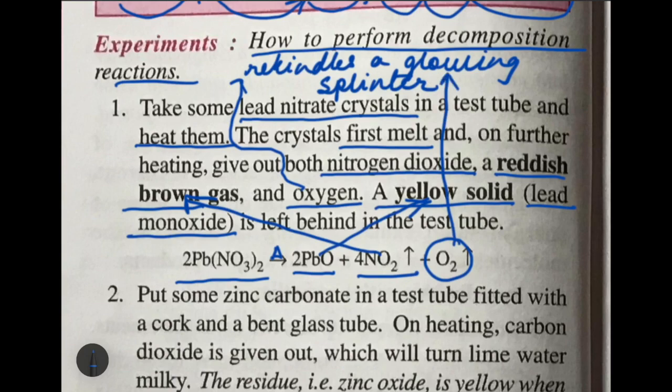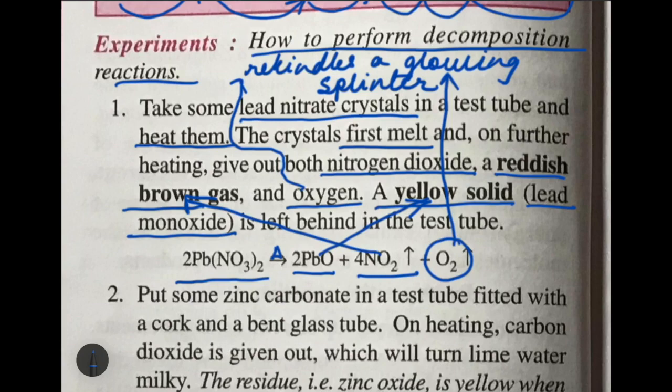So please listen carefully, children, to how this question might come in the question paper. A compound is heated in a test tube and the compound melts, or some crystals are taken in a test tube and then it is heated. The crystals melt and give out a certain gas which is reddish brown in color, and another gas which rekindles a glowing splinter.